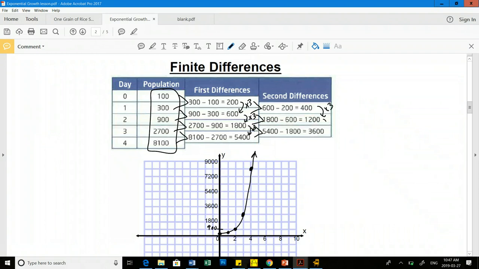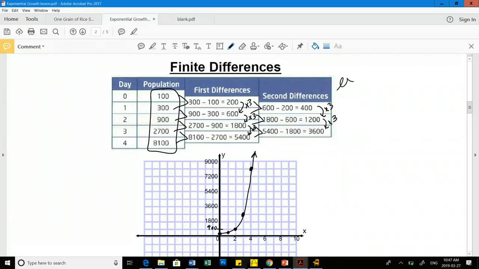Okay, so when we have an exponential relation in our data, you'll notice that the first and second differences are doing whatever is happening with the y values. So if the y values are tripling and the relation of data is exponential, the first differences will also triple and the second differences will also triple.